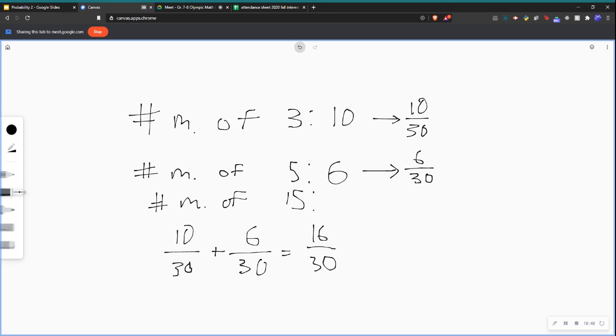And so there are two multiples of 15, right? So 15 and 30. So that means from here, we have to subtract 2 from the 16. And so that'll leave us with 14 over 30 as our final answer. And if you want to reduce that, you get 7 over 15. There you go. That's your final answer.